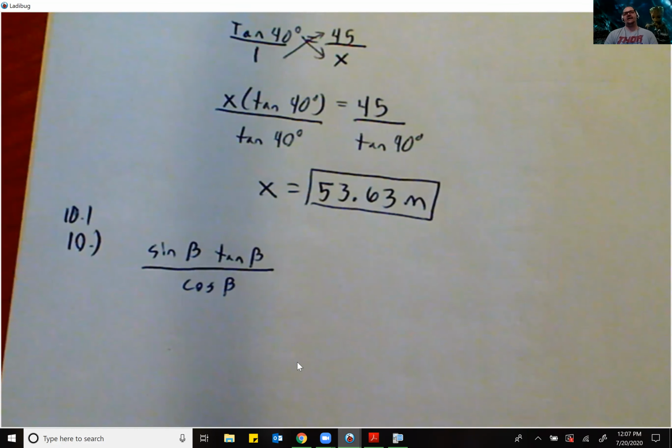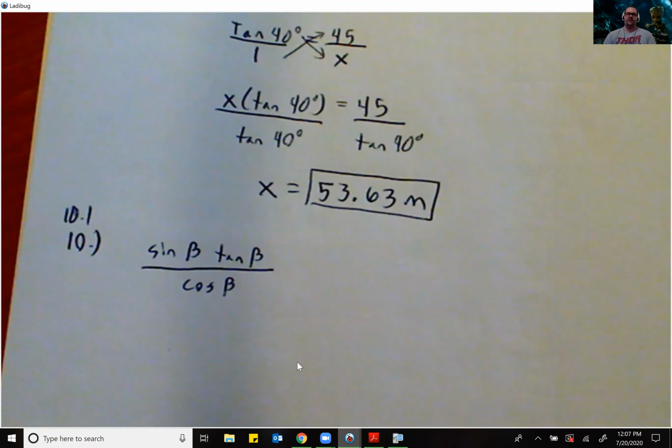So you can use identities to help you out. Another way to help you out with this is that you can change everything into sines and cosines. You know, there's lots of ways to approach this. It's going to be what you remember and what you see, because right off the bat, I know 2 ways to approach this and get to the same answer.